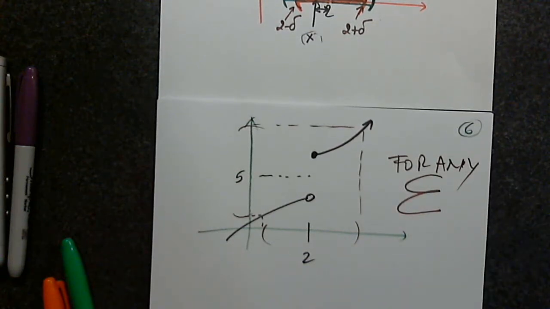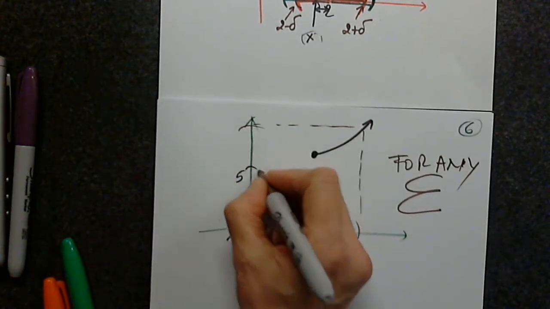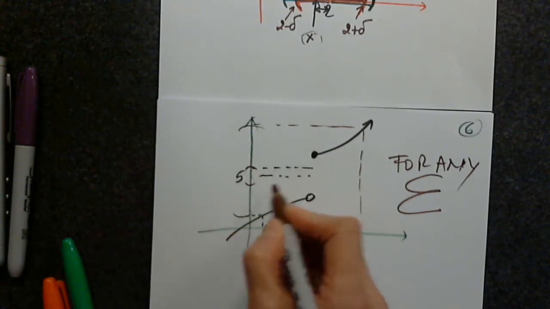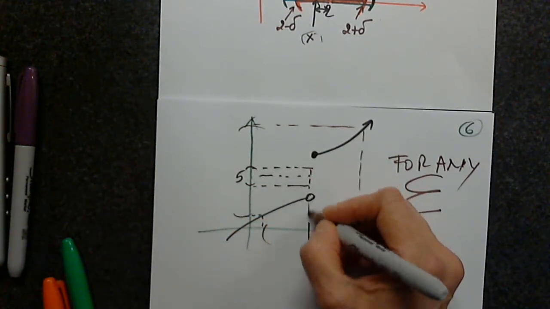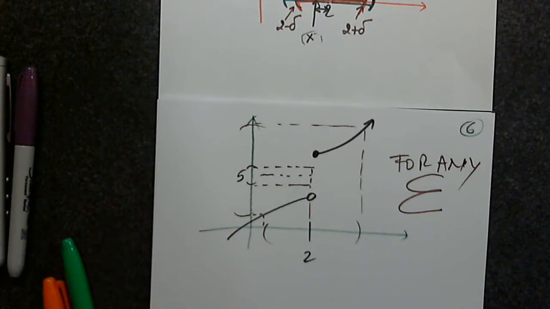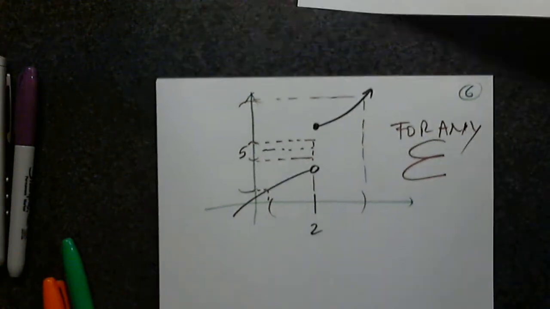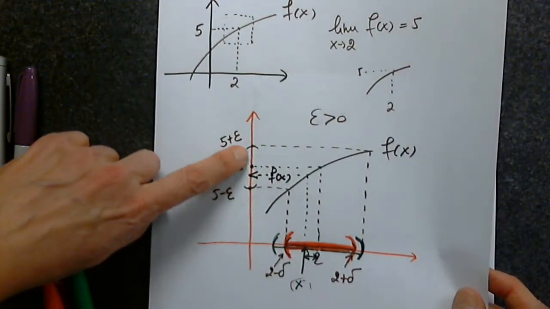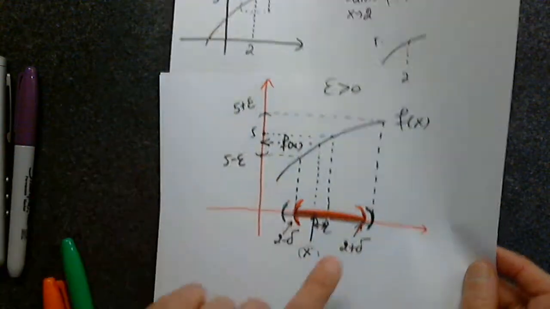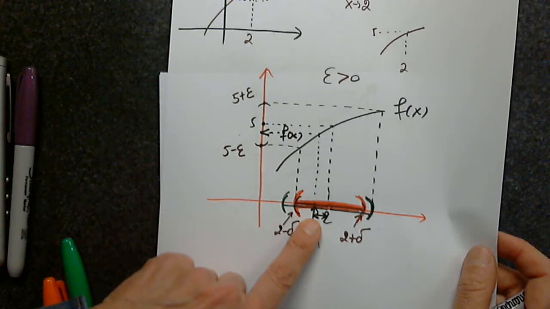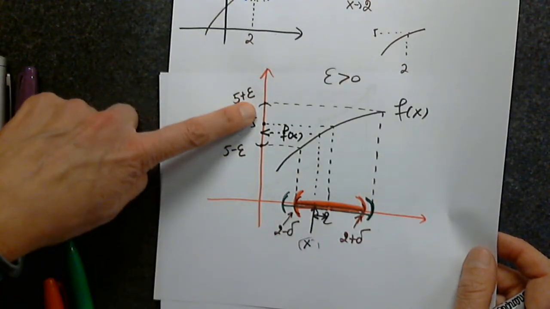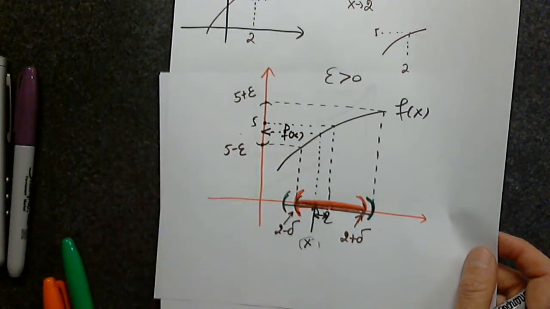For any epsilon, the limit does not exist. Look at this epsilon. I cannot find the interval around 2. There is no interval around 2. This is possible. No matter how small I pick epsilon, I will always be able to find a delta, no matter how big or how small epsilon is, because the limit exists.